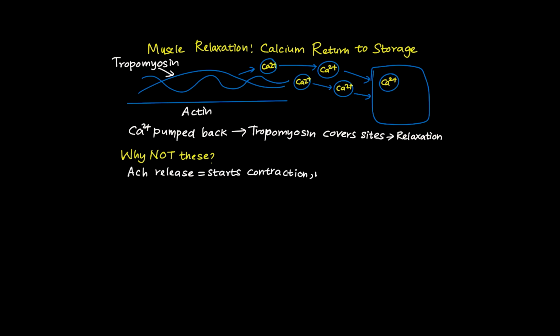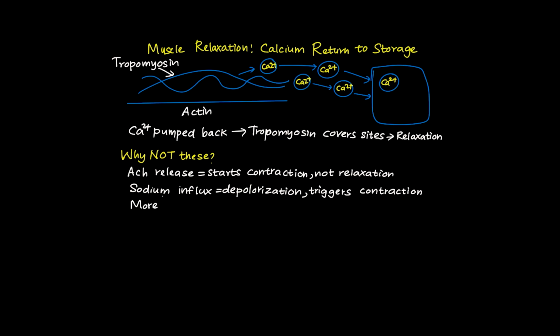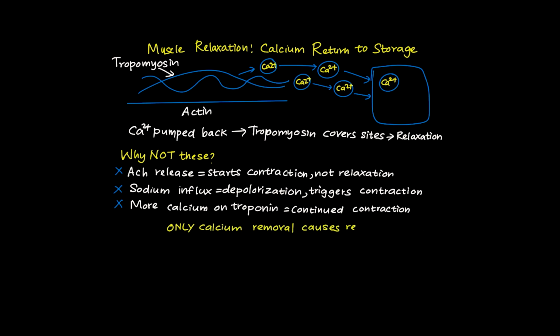More of it would trigger another one, not relaxation. Sodium entering through the membrane is part of depolarization, which leads to contraction. And troponin binding more calcium would keep the binding sites exposed, which means the muscle keeps contracting. The only event that kicks off relaxation is calcium being actively pumped back into storage.